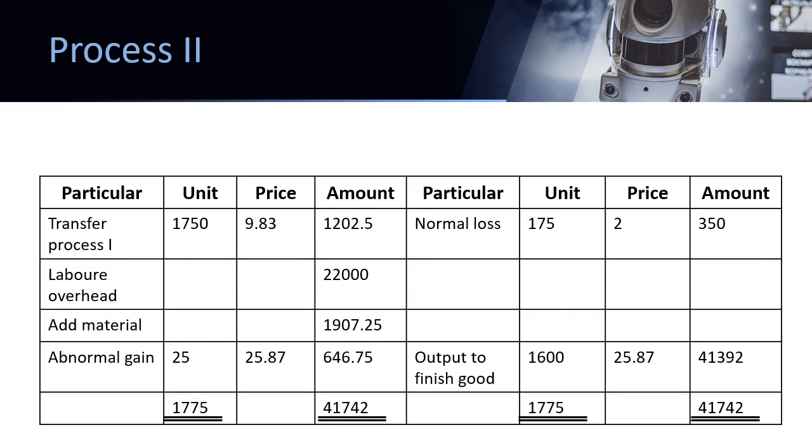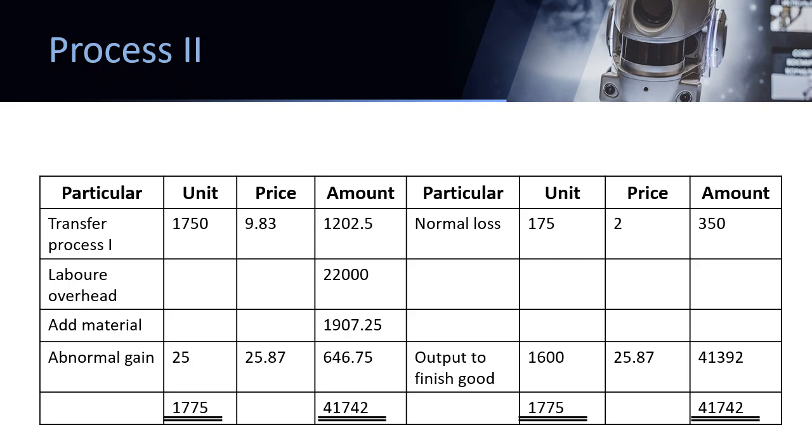This slide shows the process 2 account. Its debit side shows transfer from process 1, 1750 units and its price 9.83. Its amount 17,202.5. Labor overheads amount shows 22,000.